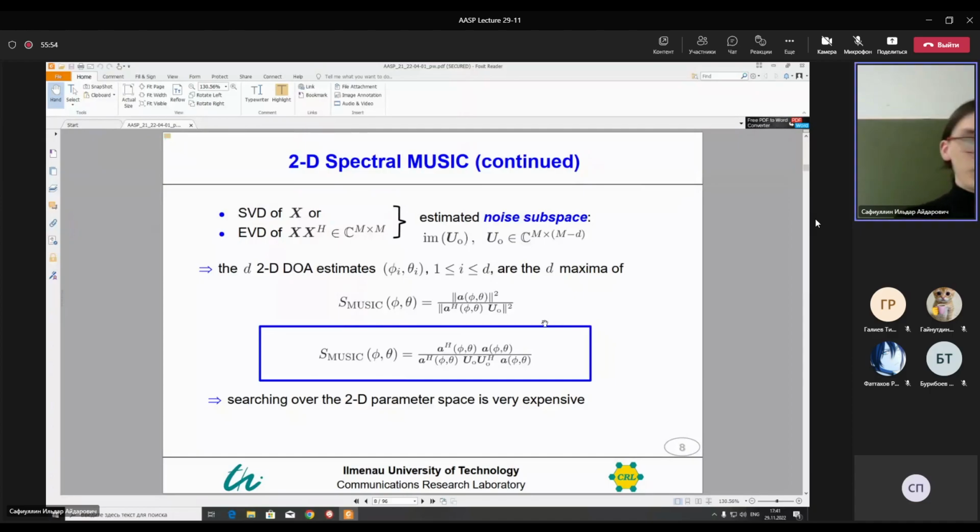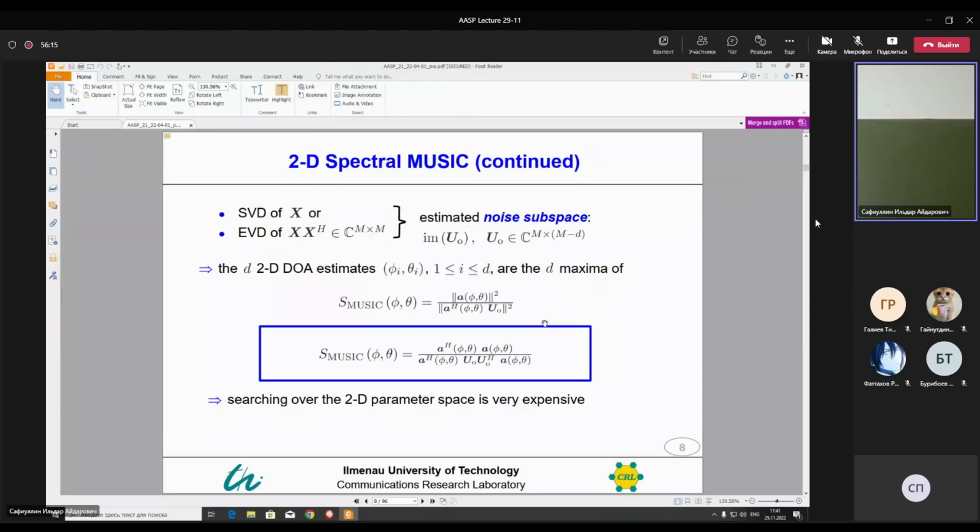And let's show what we have in this case. So maybe one more time, if we look at the previous lectures, higher resolution parameter estimation, MUSIC algorithm.